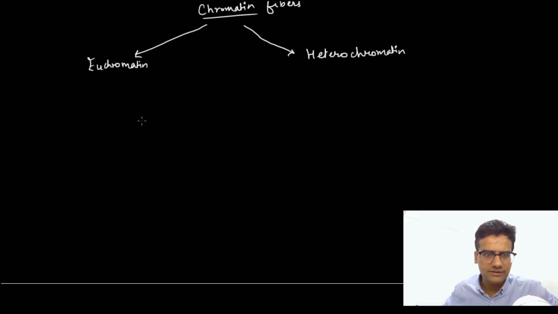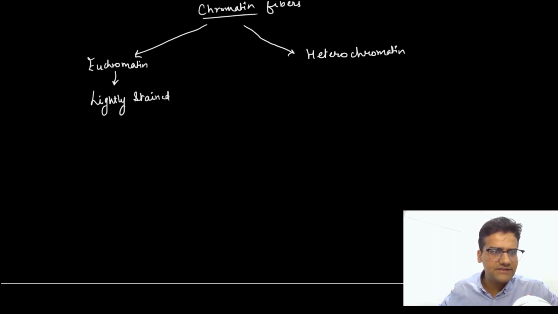Euchromatin means this is the lightly stained part of the chromosome, and heterochromatin is the darkly stained part of the chromosome.